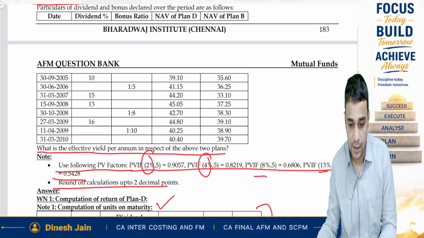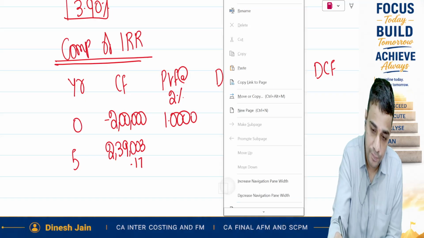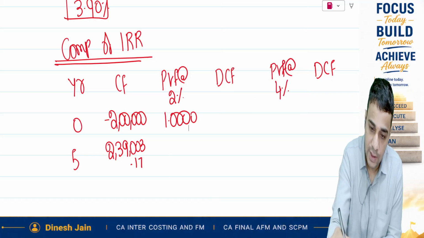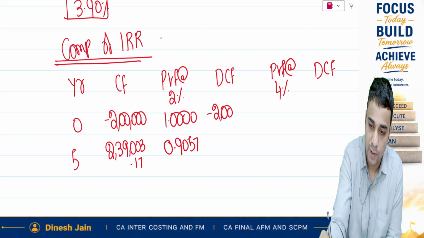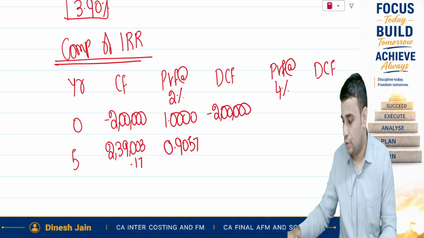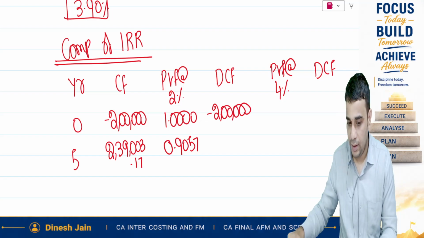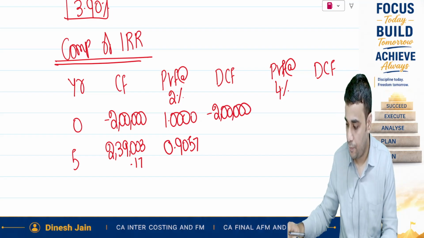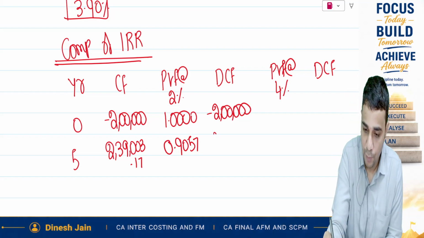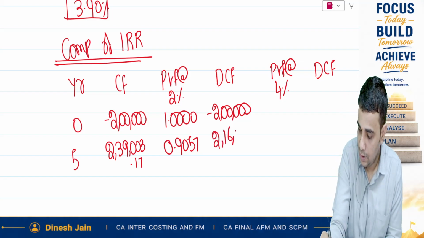What is the discount factor they have given? 9057. Multiply this. We'll work with two decimals. 239 into 9057. We get what? 2 lakh 16,000.